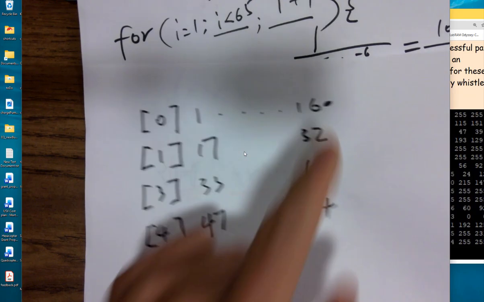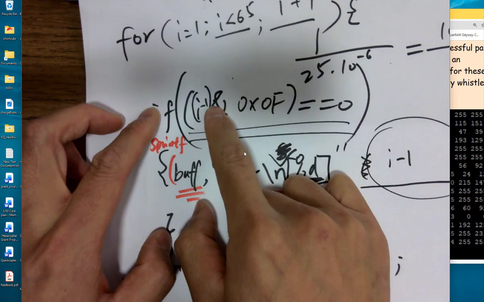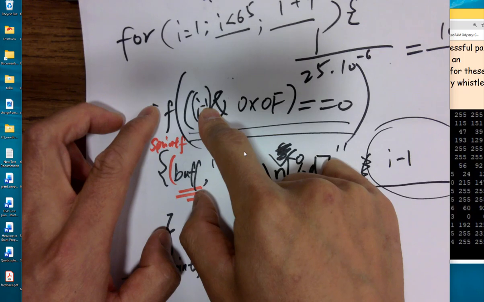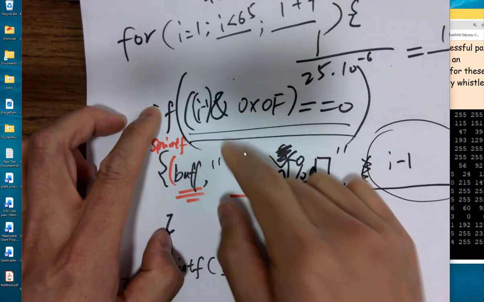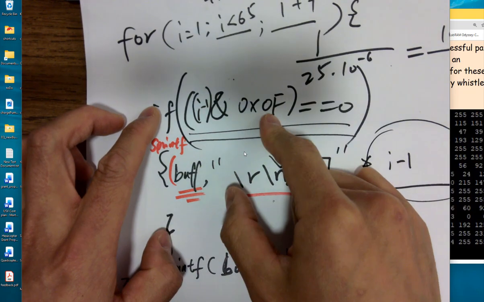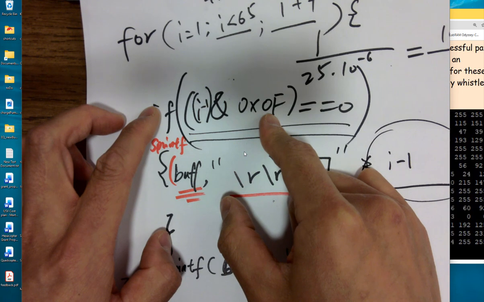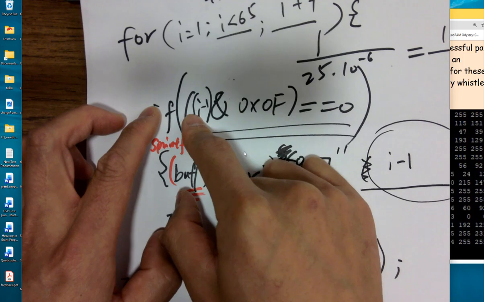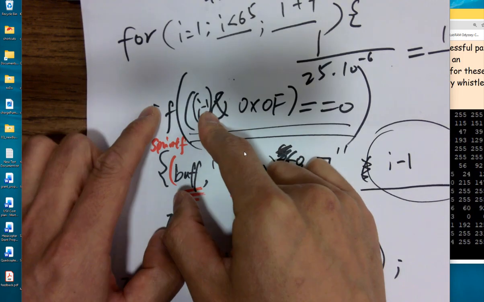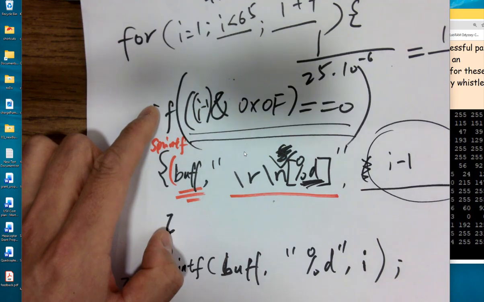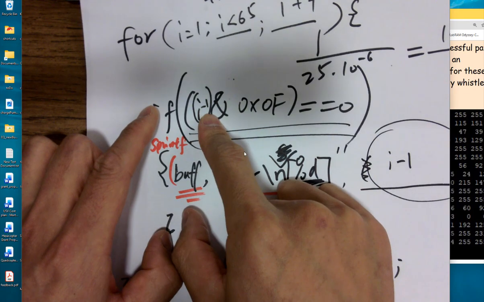So print out 16. 16 comes down here. Doesn't satisfy because 16 minus 1 is 15. And this one is 17, so you need to change that. So that should be an E. If you put an E there... No, 16 doesn't work, right?